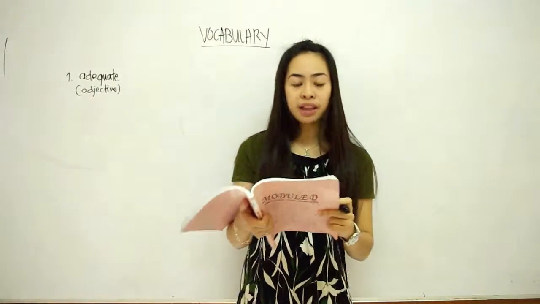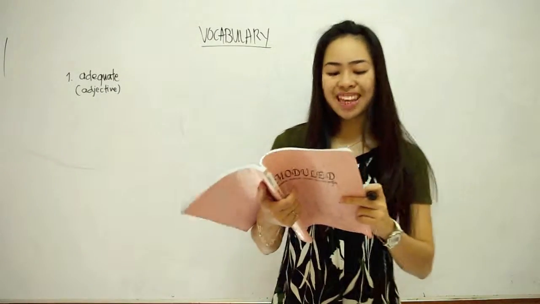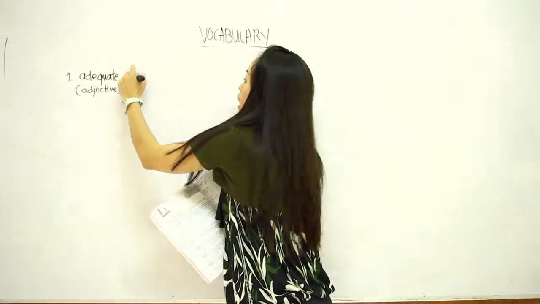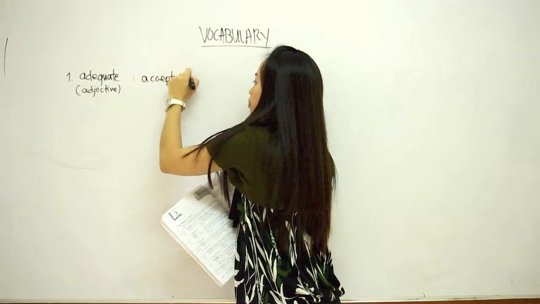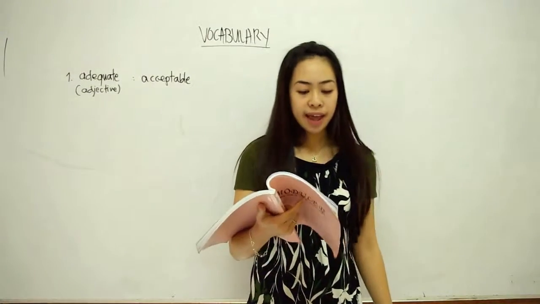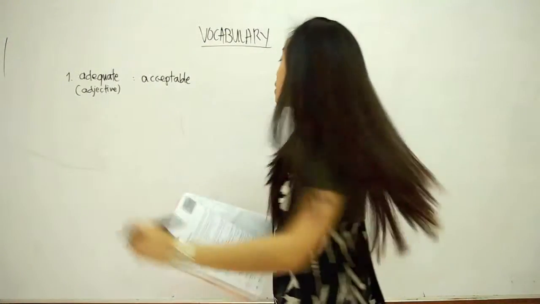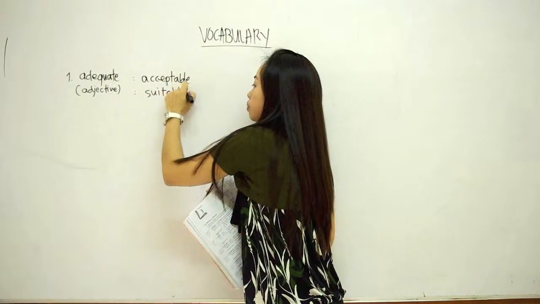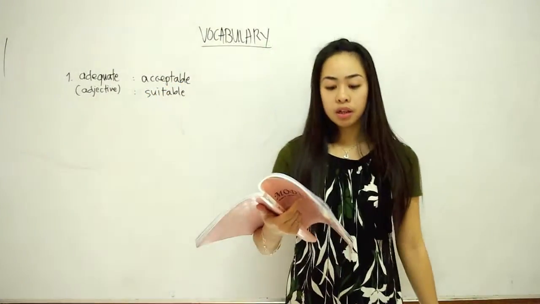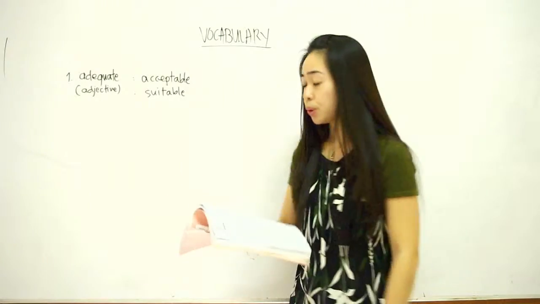So when we say the word adequate, we mean to say something that is acceptable. Next, something that is suitable. Another synonym for this is the word equal.